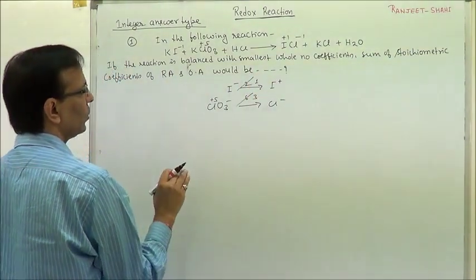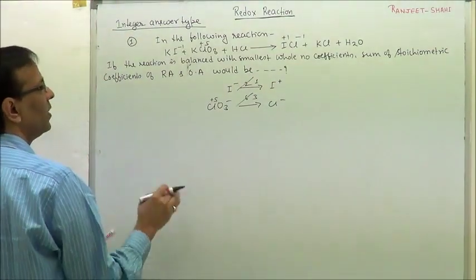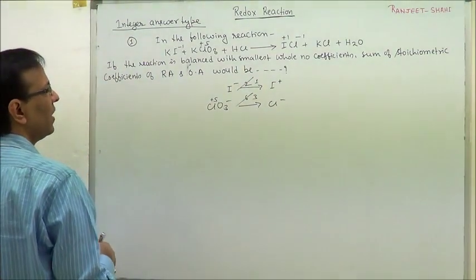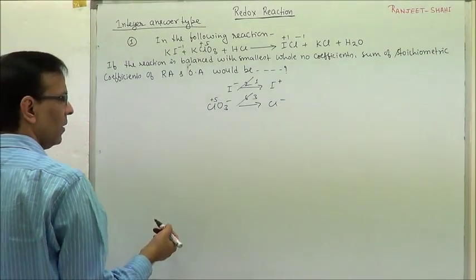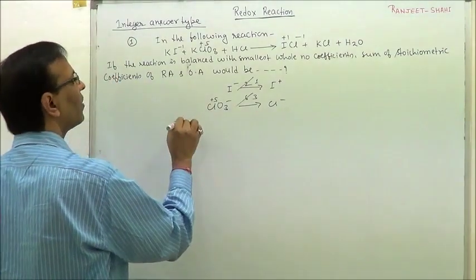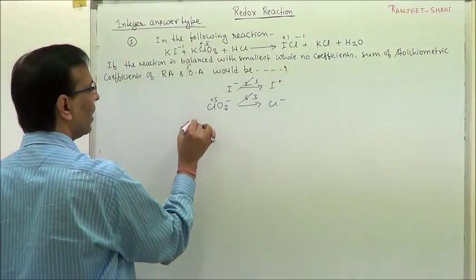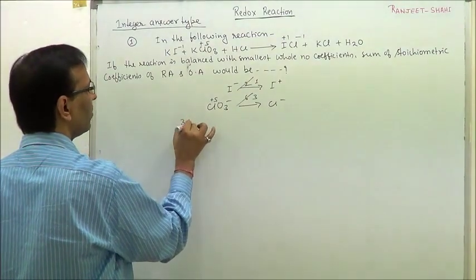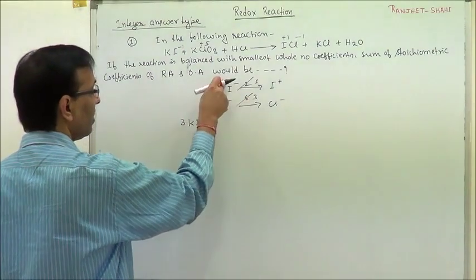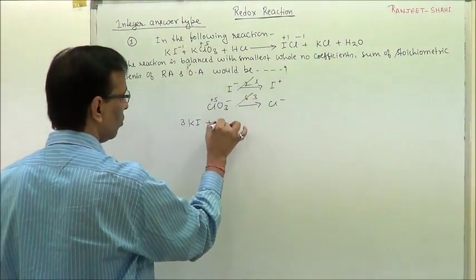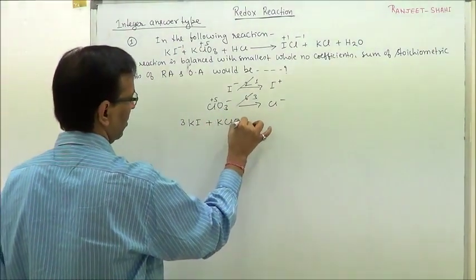and as we know, we cross multiply the change in oxidation number to get the balanced redox reaction. So in the balanced redox reaction, the relation between these two will be 3 times KI plus 1 times KClO3.